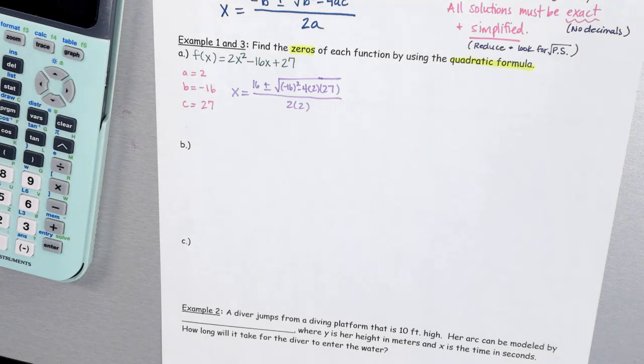Okay, so these are some bigger numbers underneath the radical, so if you want to use your calculator for that, that is perfectly fine. Okay, so I'll give you a minute right now to simplify what's underneath the radical.